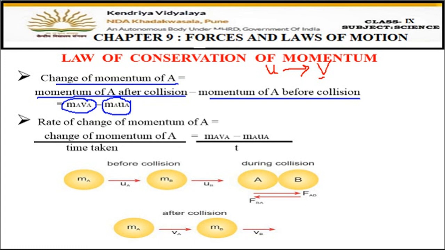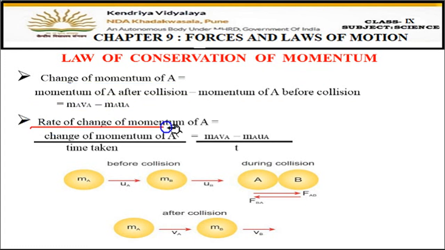Now the next thing is the rate of change of momentum of A. As we are moving on to find the force applied, what is the force according to the second law? Force is the rate of change in the momentum. So, change of momentum of A upon time taken.